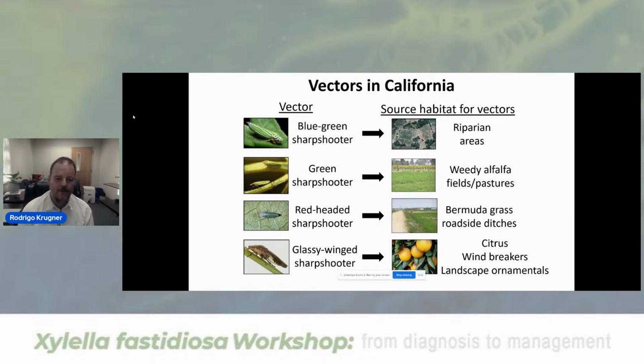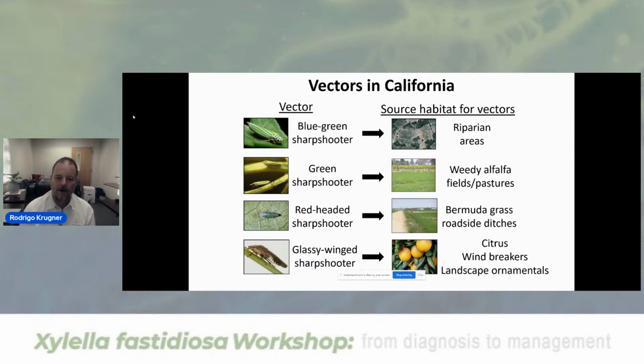The green sharpshooters and the red-headed sharpshooters will go into alfalfa fields and irrigated pastures. And the glassy-winged sharpshooter tends to prefer citrus orchards. They do quite well in citrus. They can multiply and overwinter in citrus and then move back to the grapes. The glassy-winged sharpshooter is a polyphagous insect, so it can feed on hundreds of plant species.